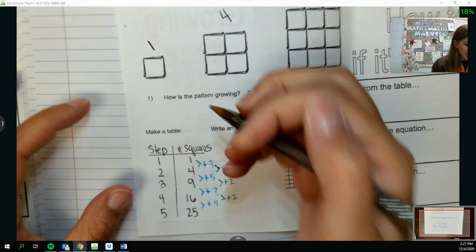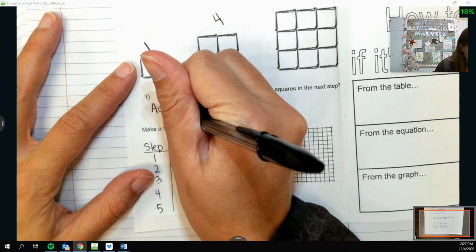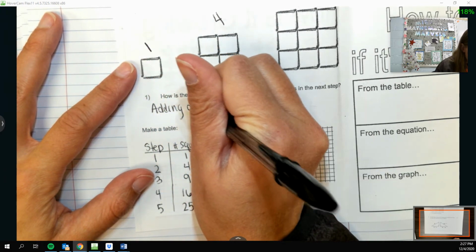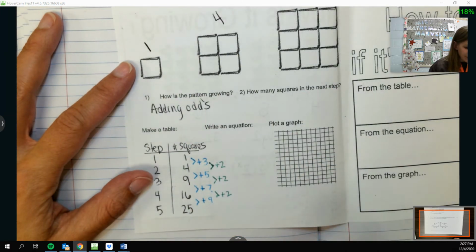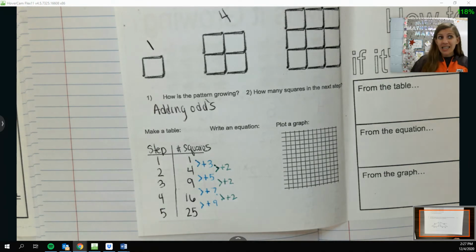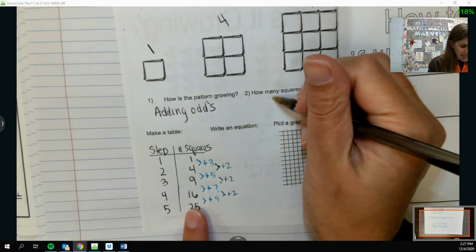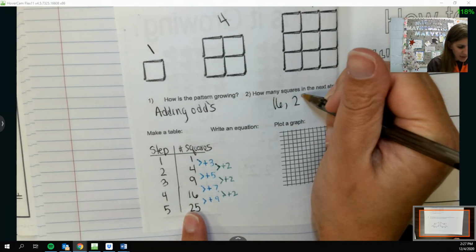So this pattern is growing. And there's a couple of things you could say here. We are adding odds each time, or the pattern itself is going up by 2 each time. And so how many squares in the next step? That would be 16, and then we had 25.